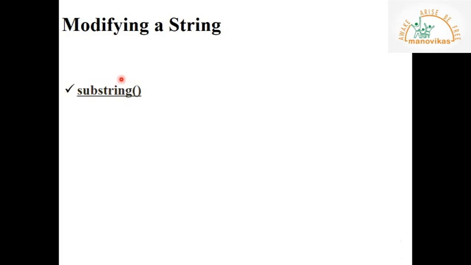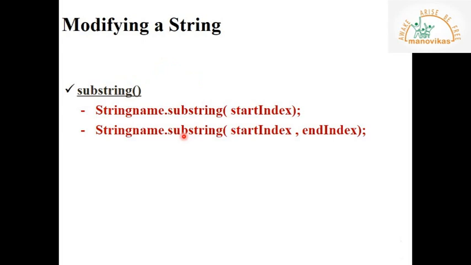There are 2 substring functions. One is string name dot substring of an index, just an index. So this function will display the part of a string starting from the index which is specified till the end of the string.